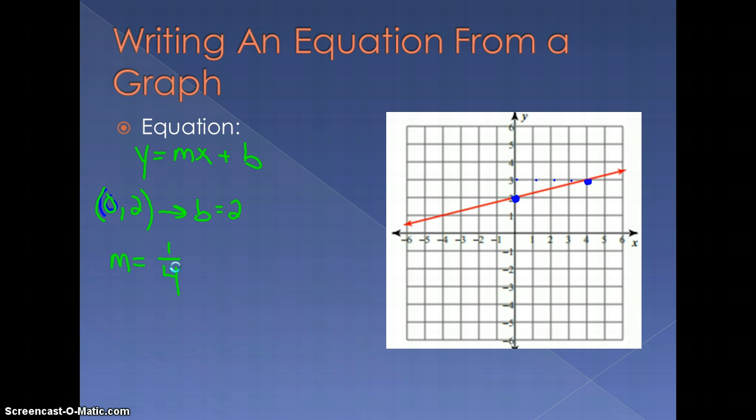So that means our equation is y is equal to 1/4 x plus 2. And that's the equation of that line. And that's how you would pull it from the graph of a line. Identify the y-intercept, identify another point, and then rise and run to calculate your slope. So you'll have a few of those as well when you come to class tomorrow.